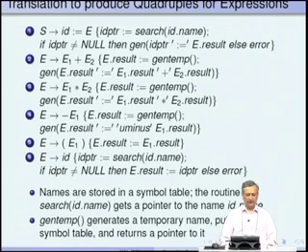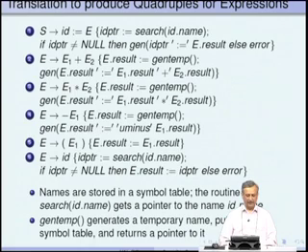E going to E1 plus E2 is the sum expression. E going to E1 star E2 is the multiplication expression. E going to minus E1 is the negation. Then E going to bracket E1 bracket is the parenthesized expression. E going to ID is the terminating production, which gives you a single variable.